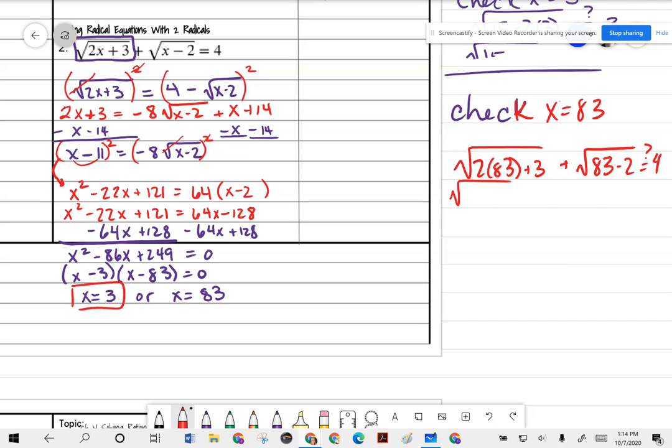So 83 times 2 is 166 plus 3, and then 83 minus 2 is 81. That gives me 169 plus rad 81. I know that this is 9 and this is 13. 13 plus 9 is 22. 22 does not equal 4. So that means this guy right here is extraneous.